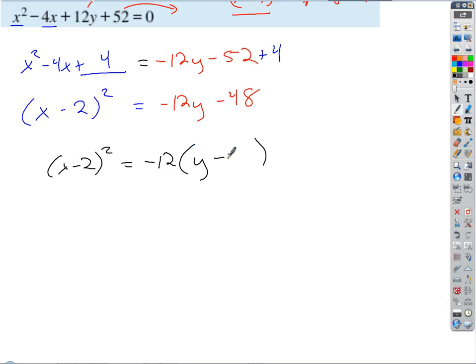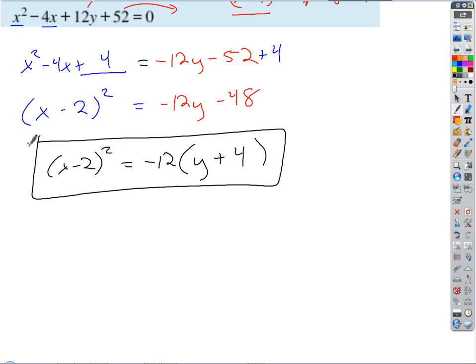Well, we're left with y minus 4. Negative 12y divided by negative 12 is y. Negative 48 divided by negative 12 is, what should be, plus 4. Or the other way to think about it is, if I undistribute a negative 12, what do I need over here to create negative 48? Negative 12 times what is negative 48? Positive 4. So there's my answer in standard form.